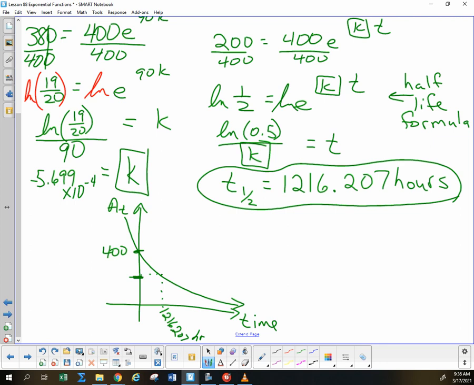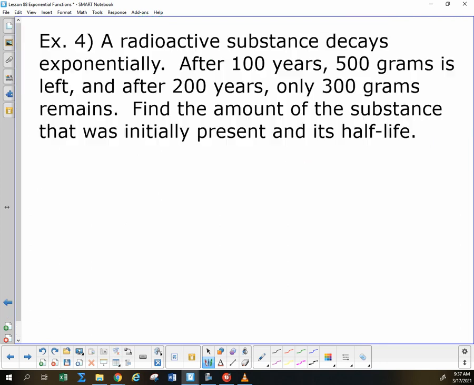And then final example for today. Okay, radioactive decay. It's decaying exponentially, and we know 2 points in time. And we want to know the amount that was initially present. Now, there are a couple of ways that we can set this up. And let me think which way I would rather do it.